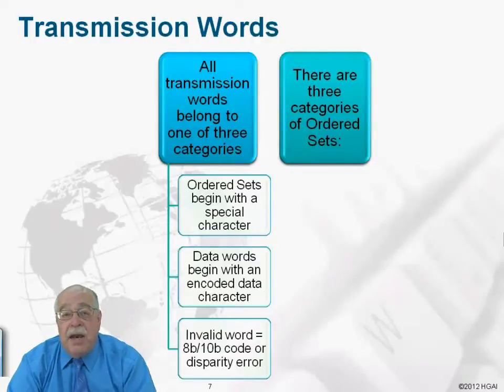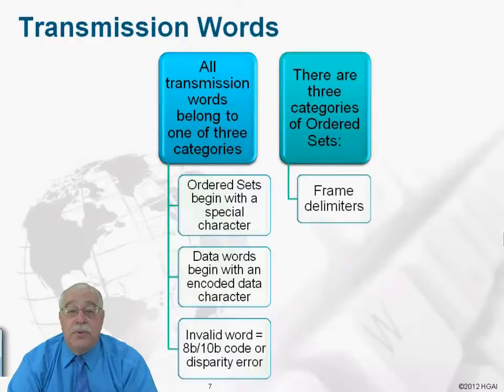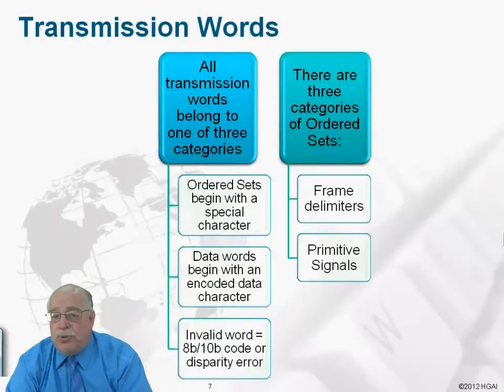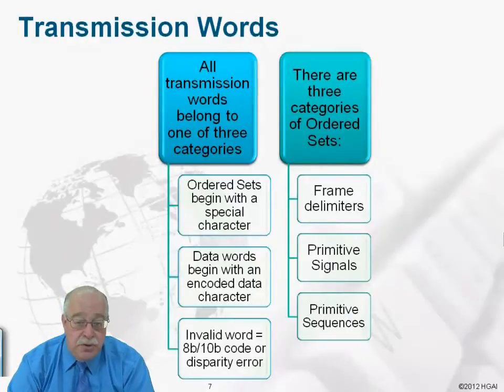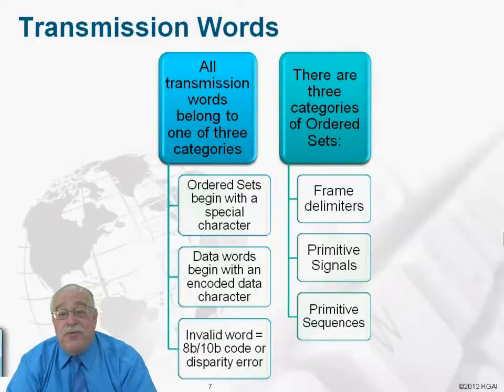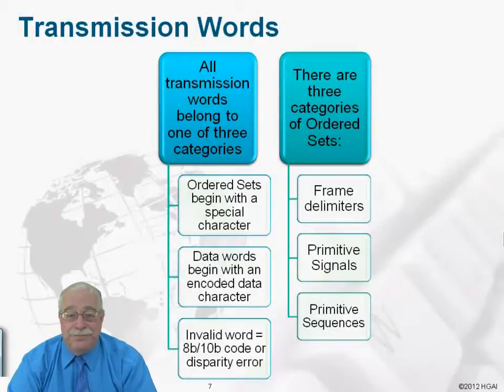There are 3 categories of ordered sets: frame delimiters, what's called a primitive signal and what's called a primitive sequence. In a primitive signal, if I see it or hear it, then it has a meaning. You might consider a primitive signal to be, ugh. That's really primitive.